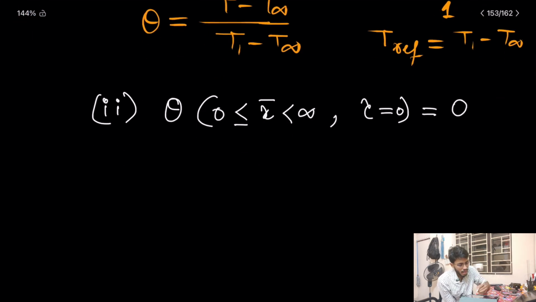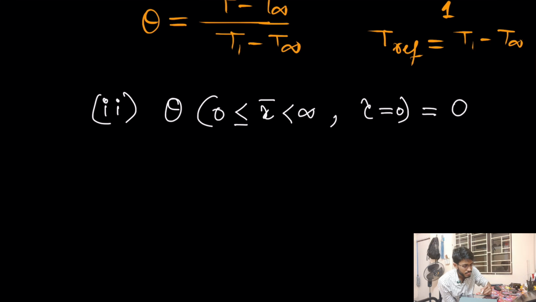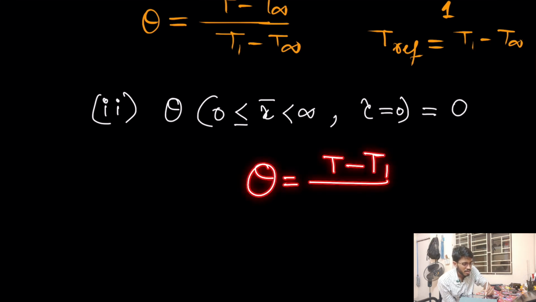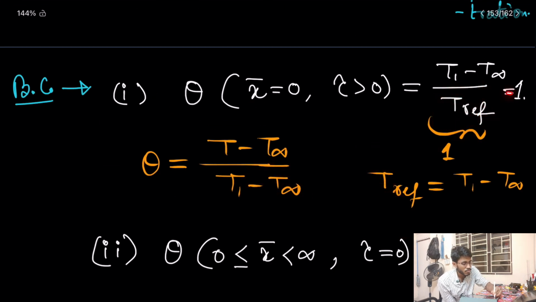But now again I am telling you that you can try taking theta equal to (t minus t1) by (t infinity minus t1). Then I will get this as equal to 1 and this as equal to 0.